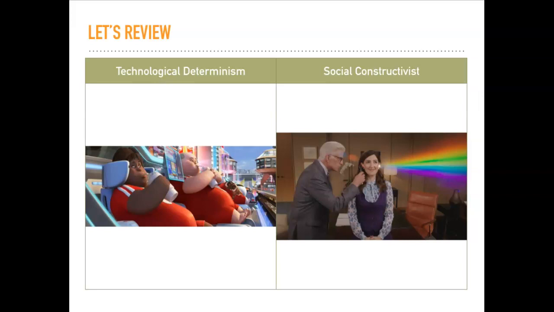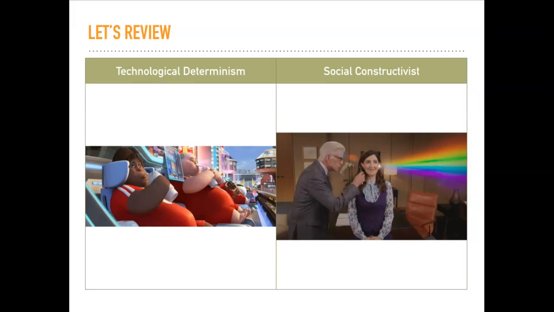But one thing that I really want for us to bear down on is the distinction between 2 ideological terms that are really going to help us out as we make our way through analyzing different kinds of technologies throughout the course. It's this difference between technological determinism and social constructivist theories.